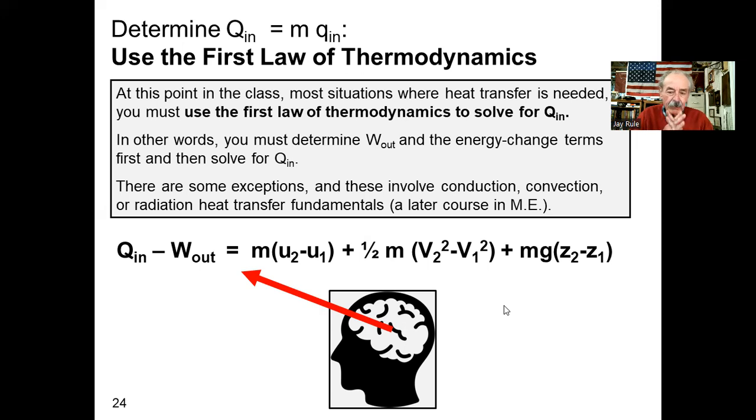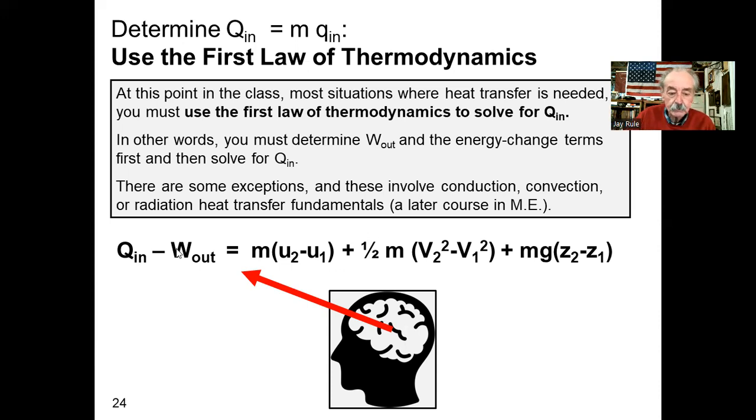So I've got a little paragraph, and it says, so far in this class, when you're asked to find the heat transfer in a problem, in most cases, except for a couple, you're going to write down the first law and use the first law to solve for Qin. That's the trick. Recognize, oh, I'm asked for the heat transfer, I'd better write the first law.